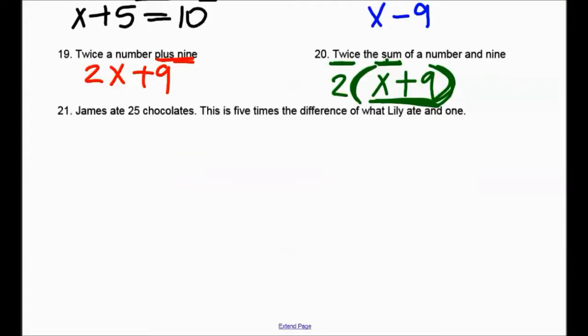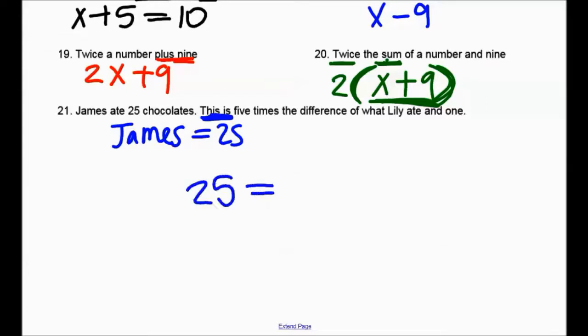All right, on number 21, James ate 25 chocolates. So we know James equals 25 chocolates, right? Oh, but now they say this is. So this is, so 25 equals, so they're talking about James there. Okay, so this is 5 times the difference. So we need to use what?